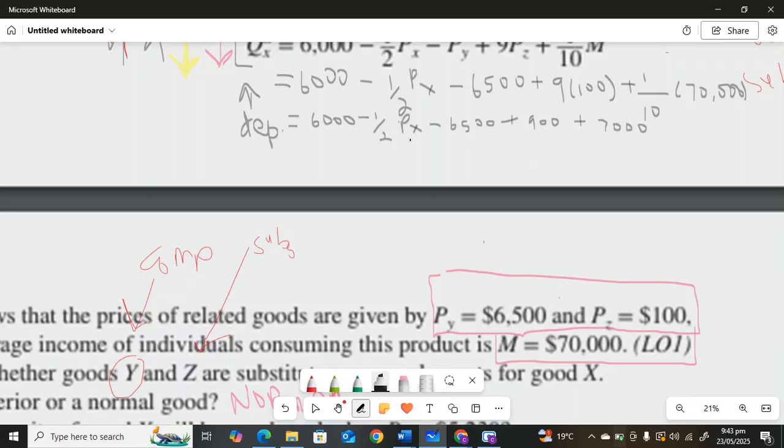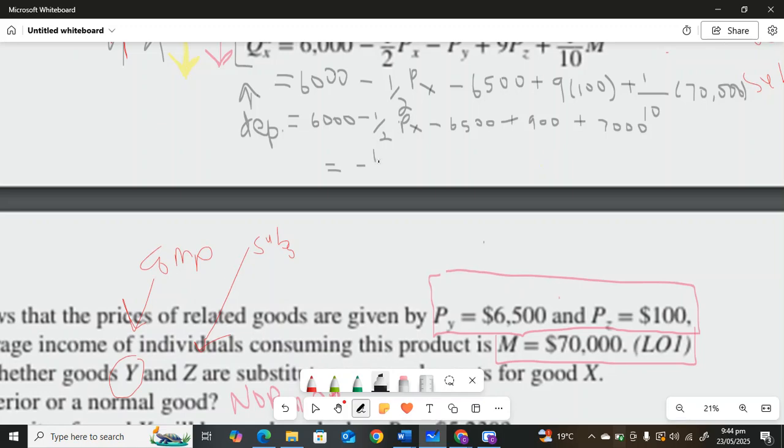So let's do this. 6,000 minus 6,500 is negative 500. Negative 500 plus 900 is positive 400. 400 plus 7,000 is 7,400.